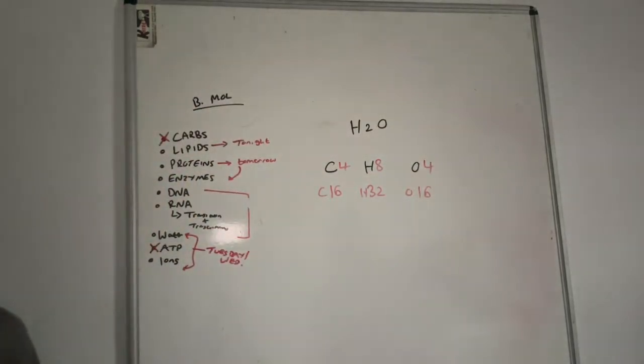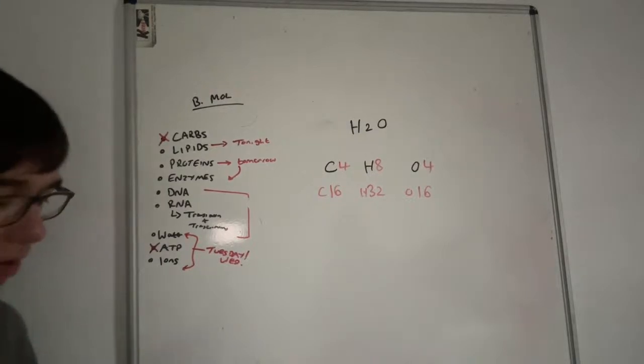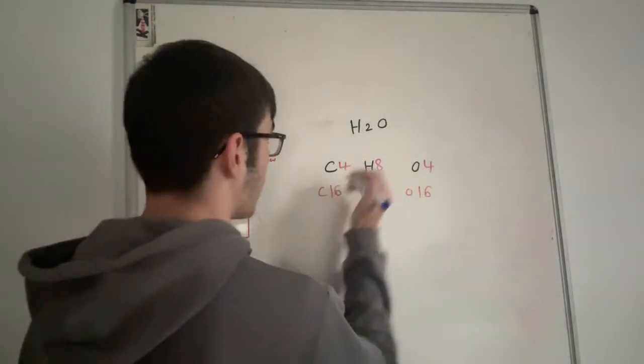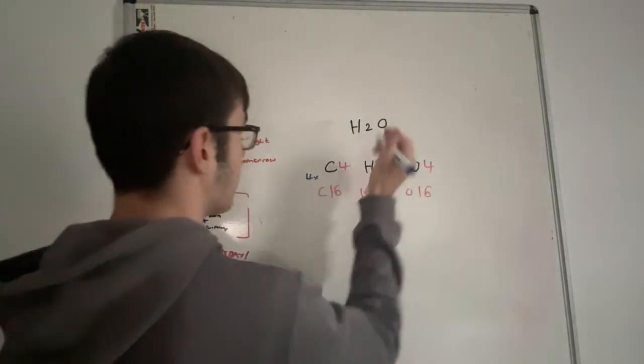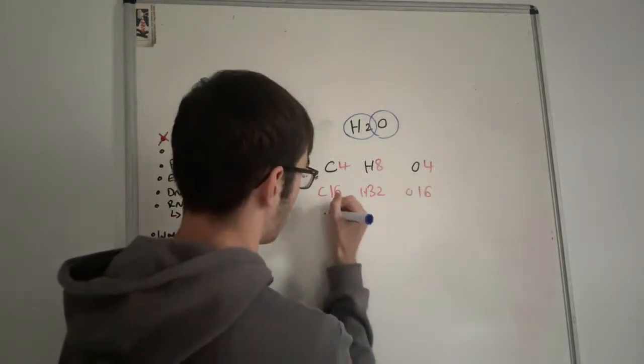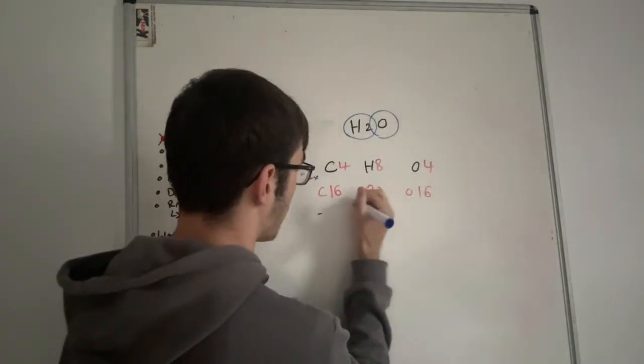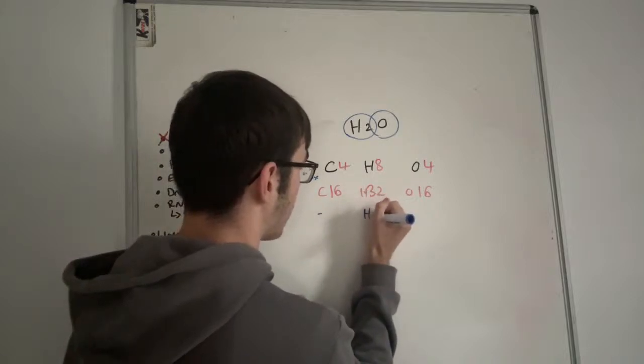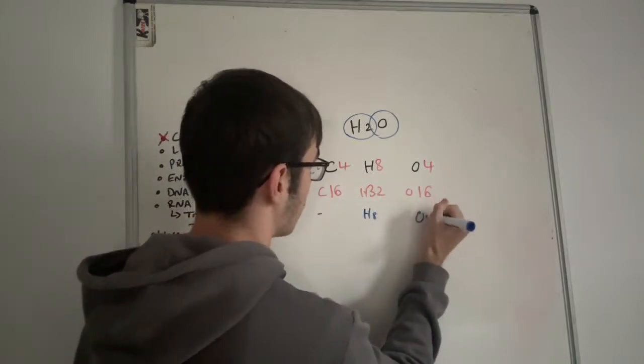Okay, so 16, 32, 16. But the last thing you need to do is, because it's a 4 times, that's going to be H2O. So that'll be minus H8 minus O4.